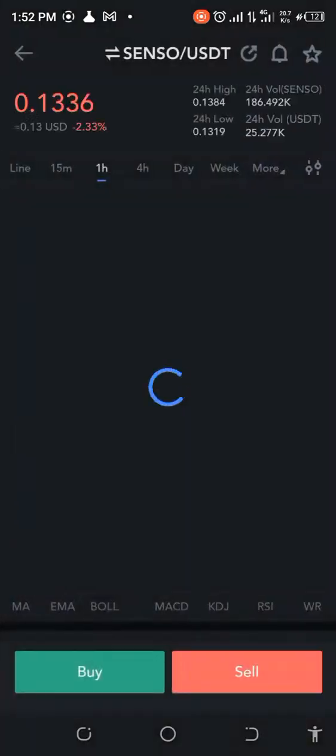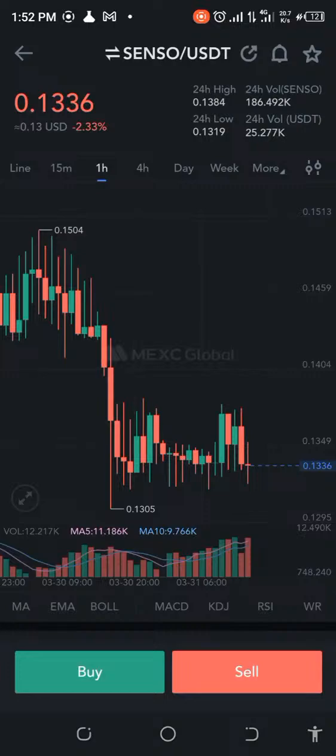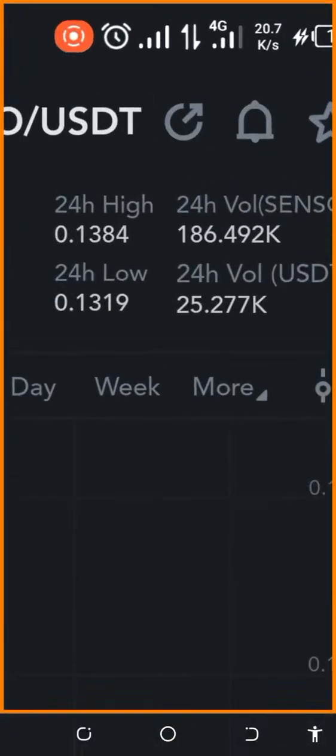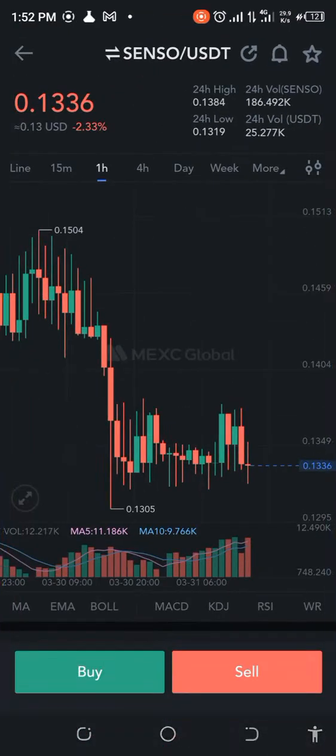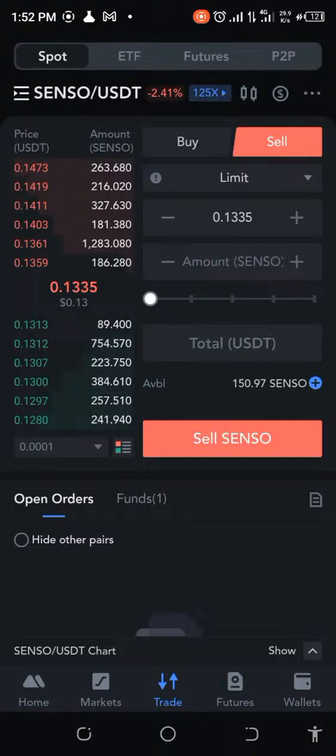Let's check it out. Let's see what its high within the 24 hours is: 1384, and the lowest is 1319. So if I choose 1380, wouldn't that still be too ambitious? Let me check.